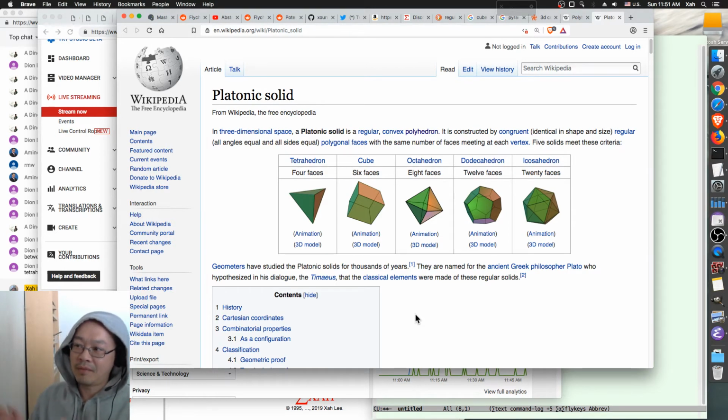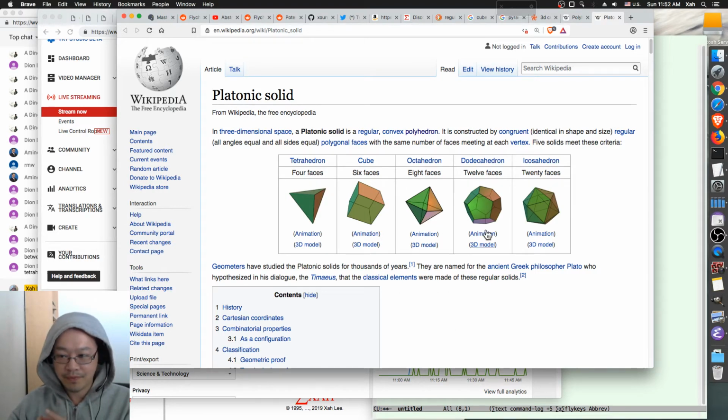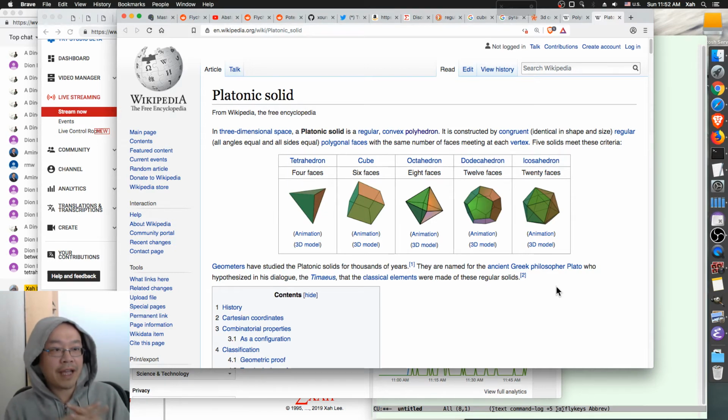Actually, that's not the name they use, but I don't remember the name. But there's a group with a specific name that is the cube symmetry group. There is another group that is the octahedron symmetry group, and the same thing for dodecahedron and icosahedron.